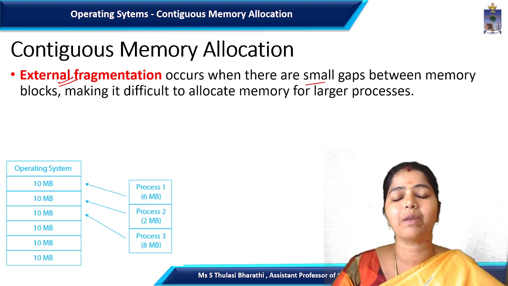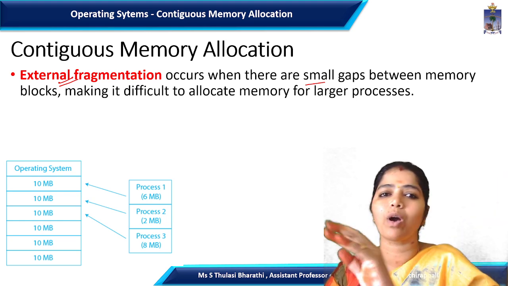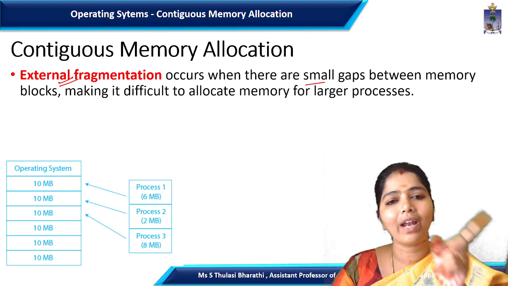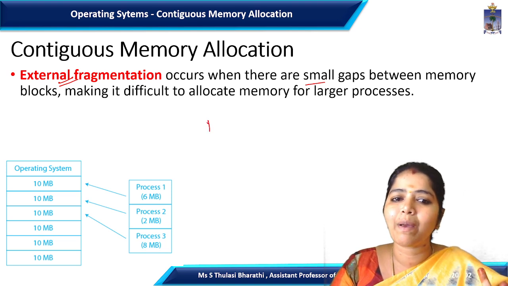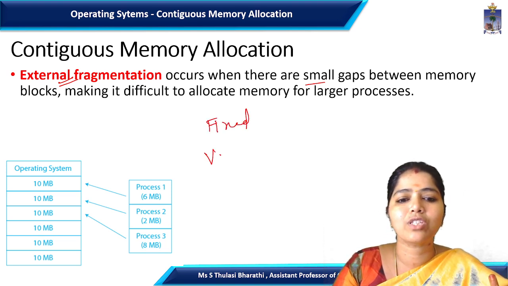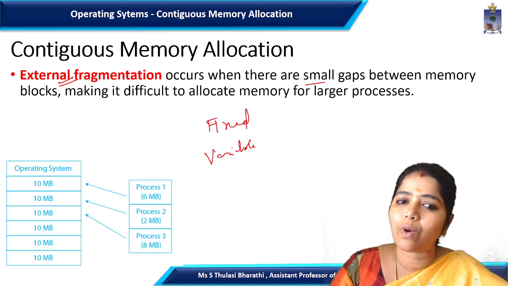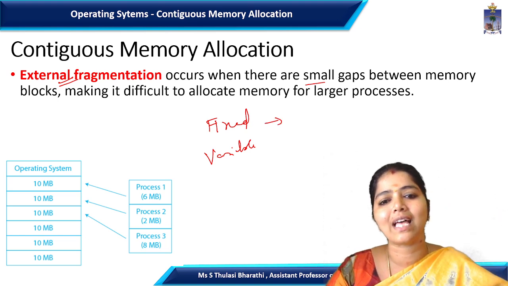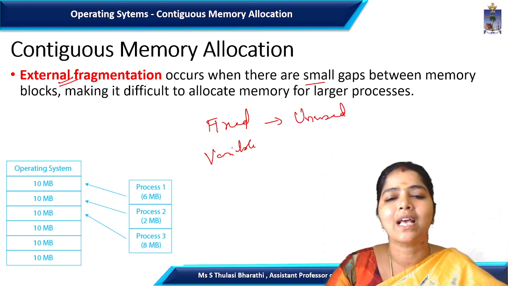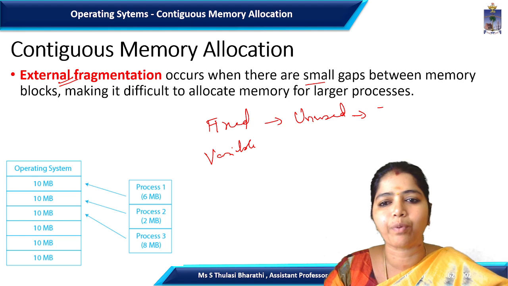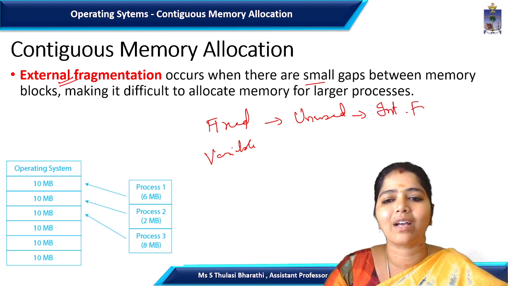So contiguous memory allocation means the memory block is assigned continuously to the process. When I assign, it can be done either by fixed size or by variable size. With fixed size, there will be some unused space, and that unused space creates a problem called internal fragmentation.